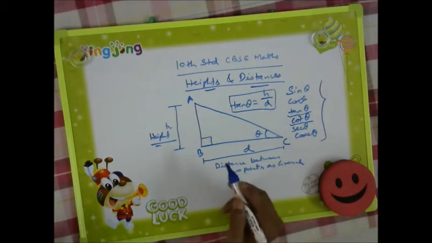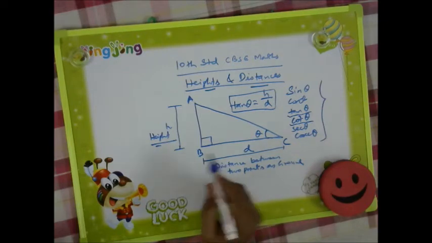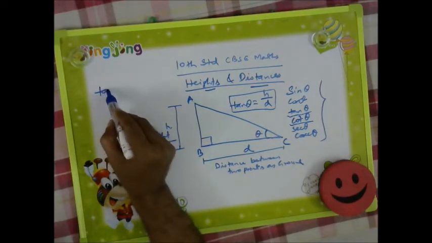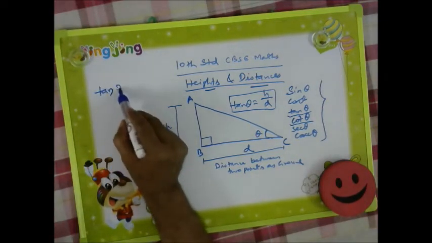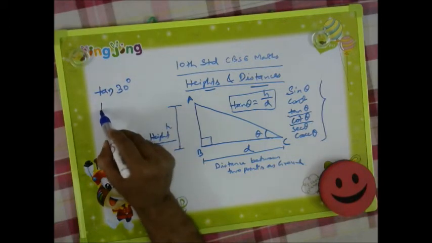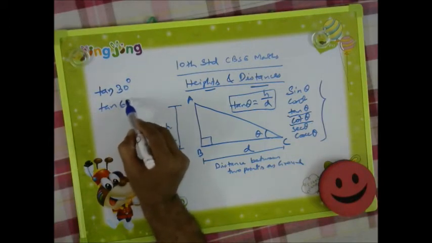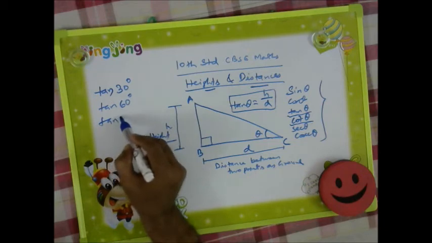And one more thing I want to say, that generally we mostly use tan 30 degree, tan 60 degree and tan 45 degree.